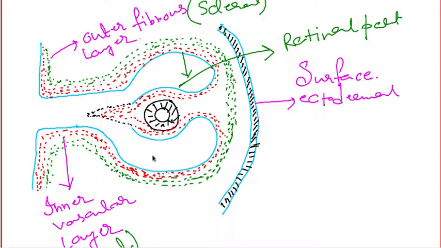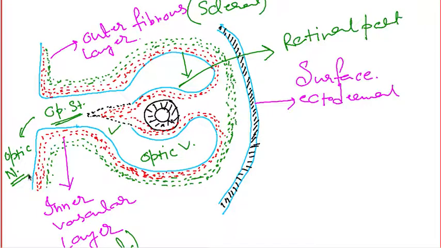Now this part is optic vesicle, and this is optic stalk. This optic stalk, after closing of the choroidal or fetal fissure, will form the optic nerve.